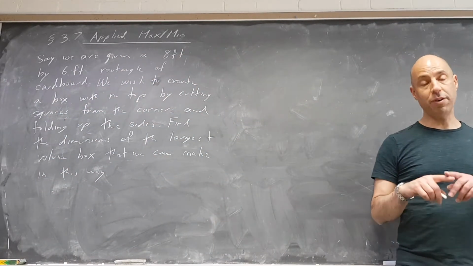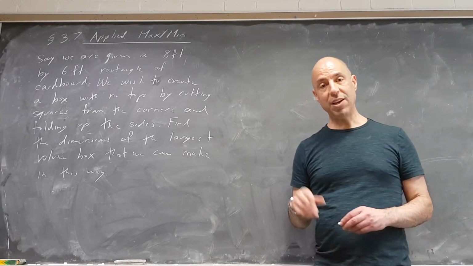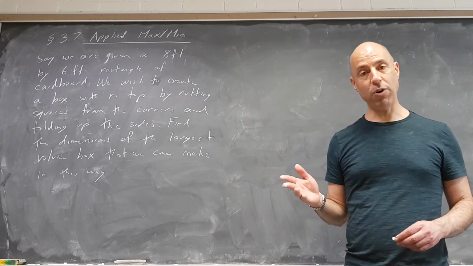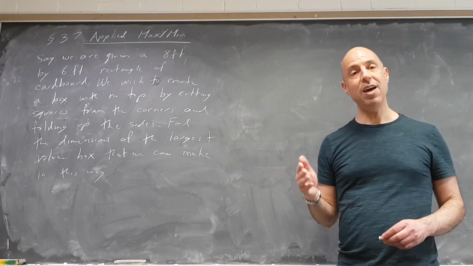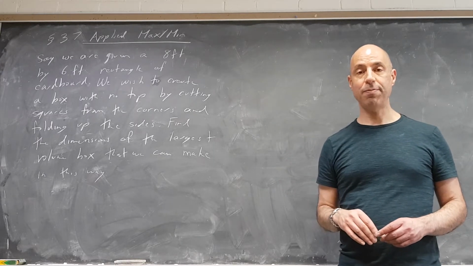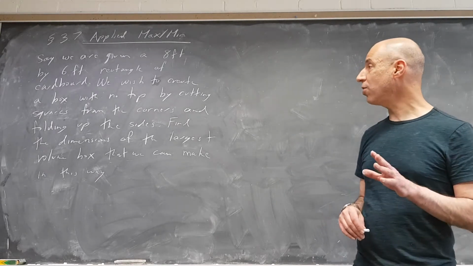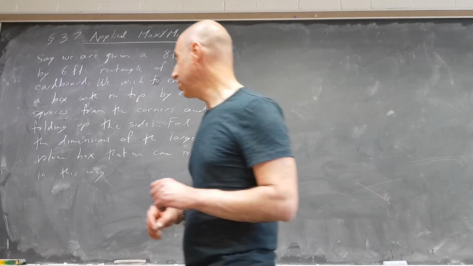So we start off with a rectangle. We take scissors and cut out squares from the 4 corners, leaving us with 4 flaps, like a plus sign, and then we fold up the sides. So let's take a look at how we would solve a problem like this.